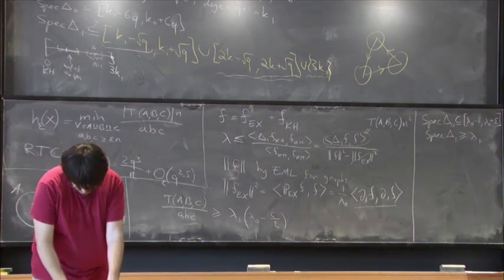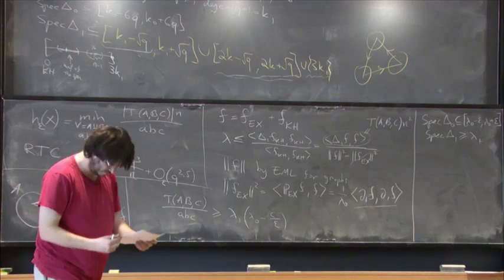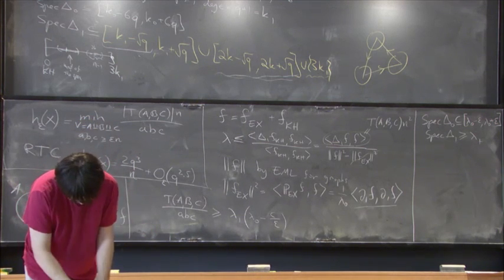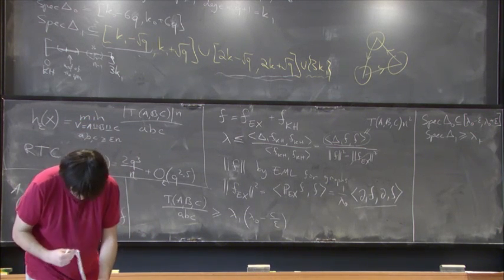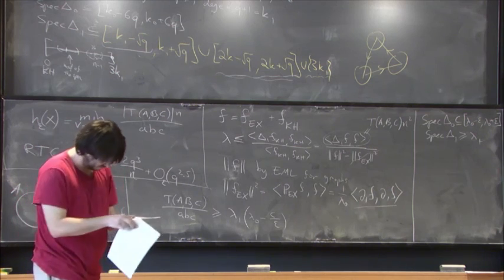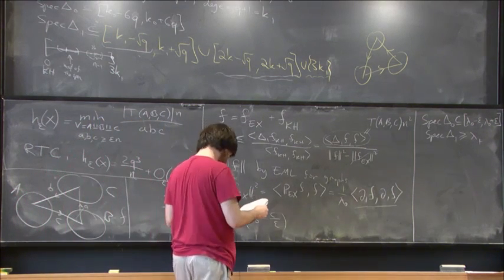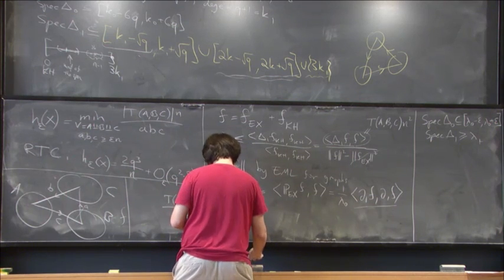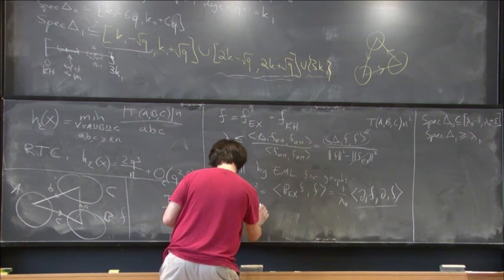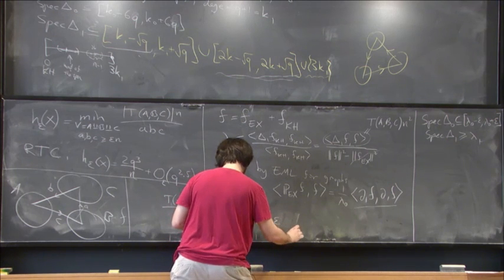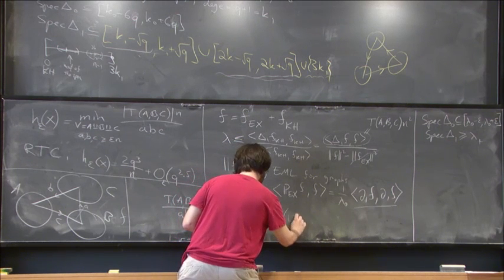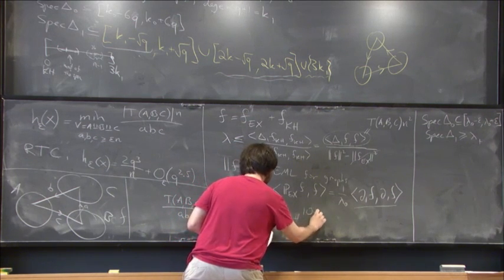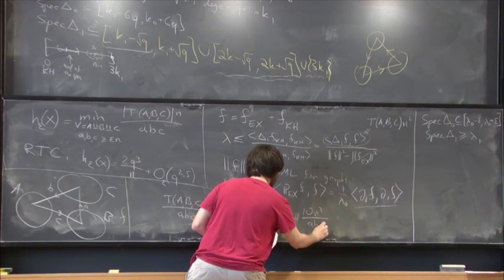Let's see if I... I'll write the exact thing. It's lambda 1 here, lambda 0 minus epsilon, and here 1 plus 10 and third over ABC.